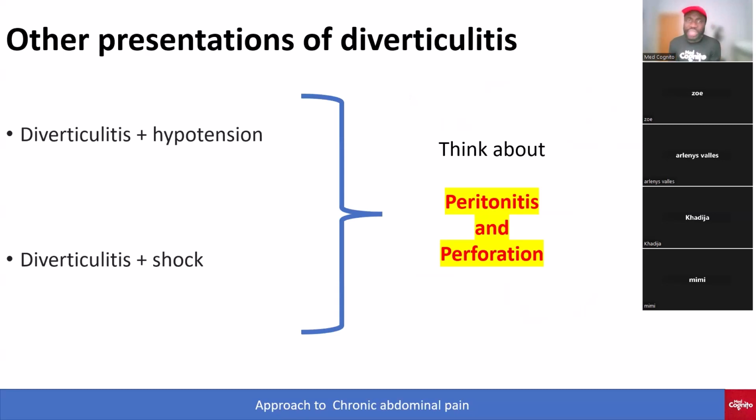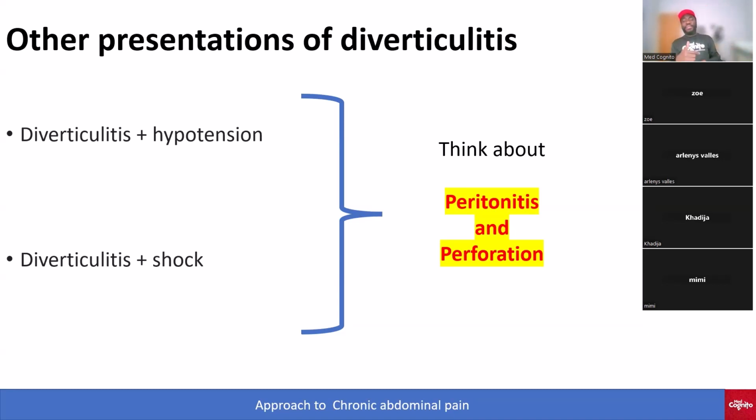Now, I want us to look at something. How are you going to pick up cases in your questions then? If I present you with a 69-year-old patient with left lower quadrant pain and blood pressure of 78/42, that is low. One of the differentials which should come to your mind should be peritonitis as a result of perforation.